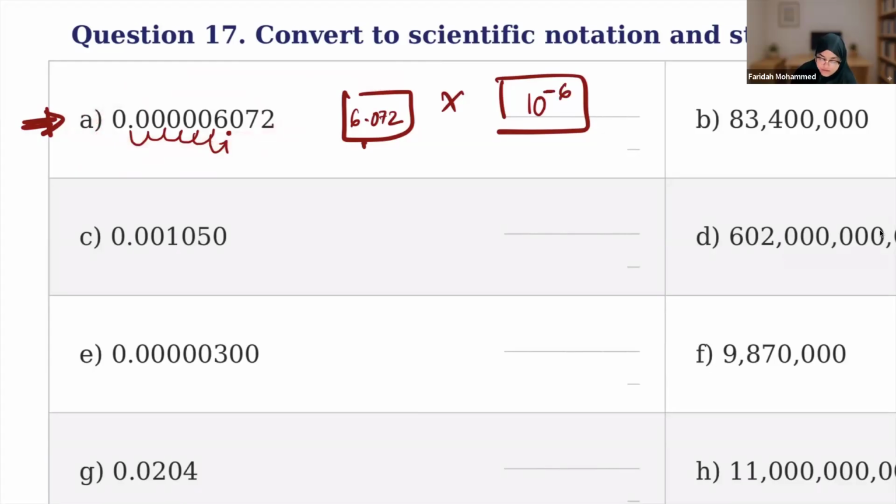Why 6? Because you are moving 6 places to get the point to be between 6 and 0. Okay? And you have to maintain the sig figs. This one has 4 sig figs. This one also has 4 sig figs. When calculating the sig figs, you don't care about the multiplier.